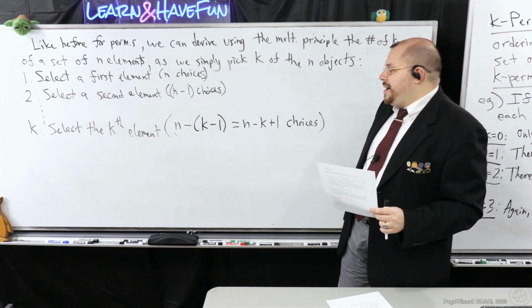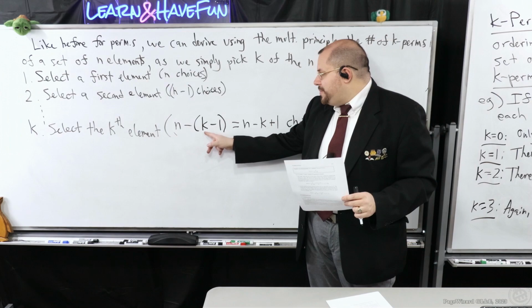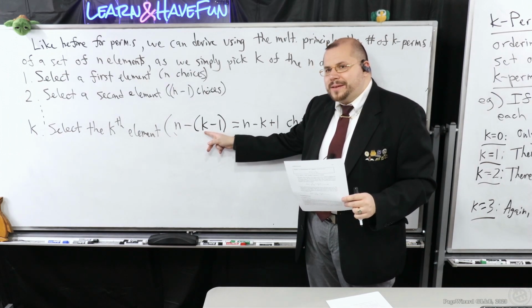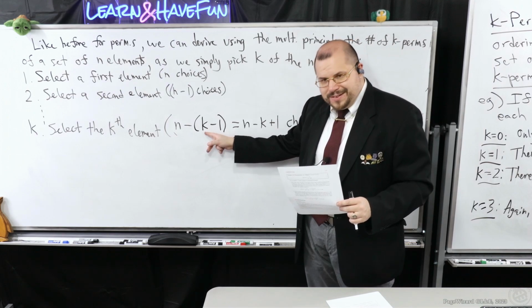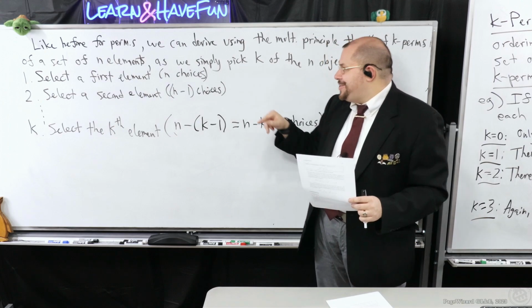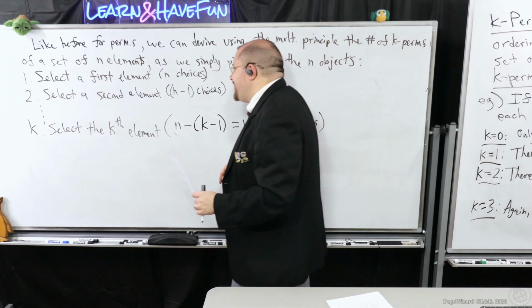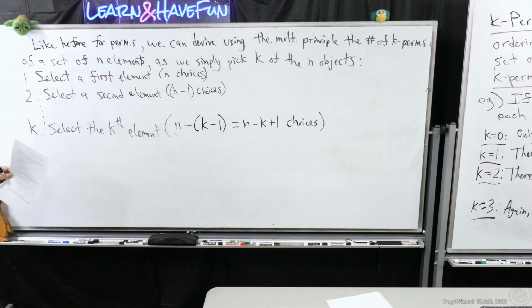If I have 2, then I would have n minus 1 choices, right? So please don't let this k minus 1 throw you off. That's because of the way we're indexing when we make the choices.